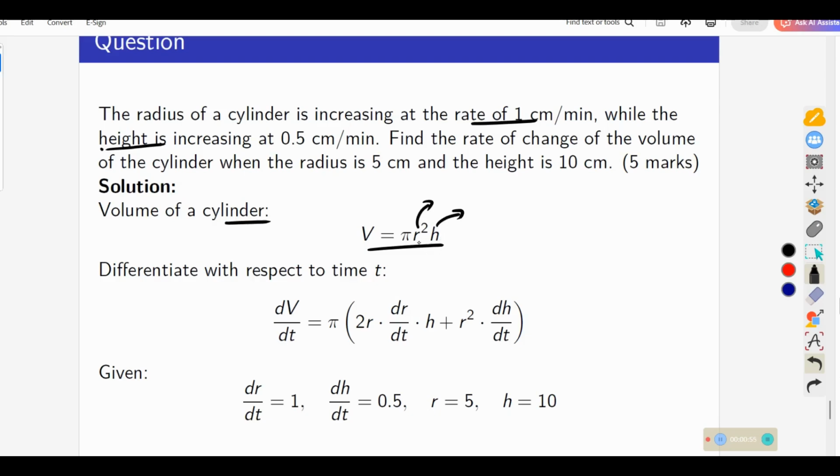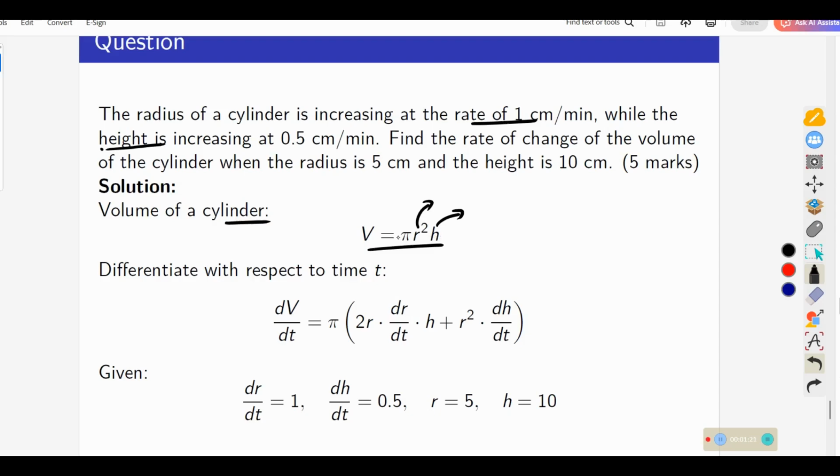So it means r and h are variables. If we want to get the rate of change of volume, or dV/dt, we shall need to differentiate this given expression, V equals pi r squared h, with respect to the changing variables, that is r and h.